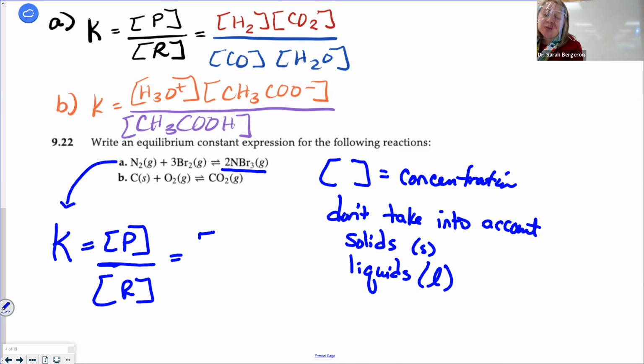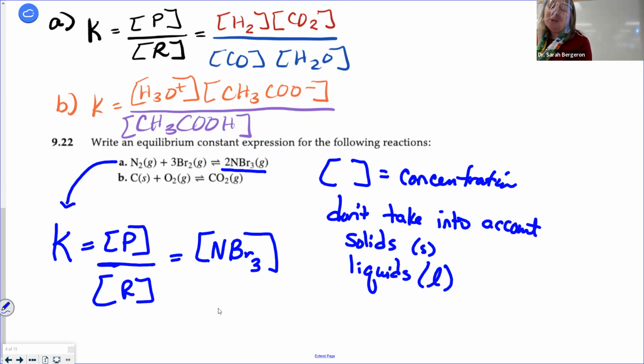So I would take the ratio of the concentration of NBr3. Now, when I look at that NBr3, what do you see in front of it? A 2. It means there's more NBr3 than there is N2, right? That's what a balanced chemical reaction is telling you. So you have to translate that to the equilibrium expression.